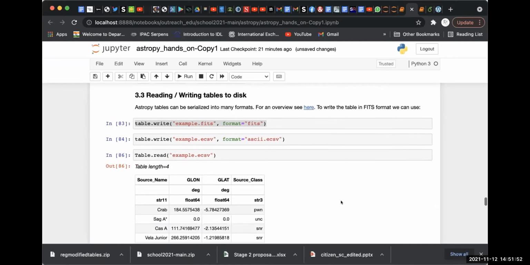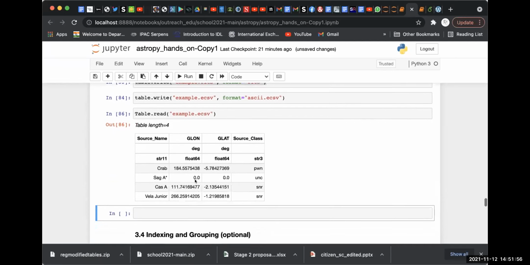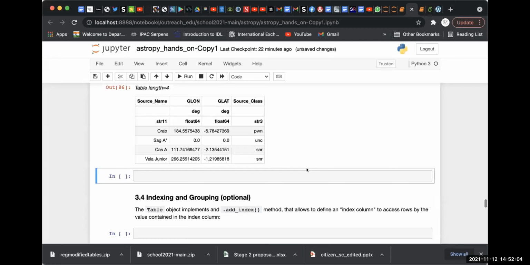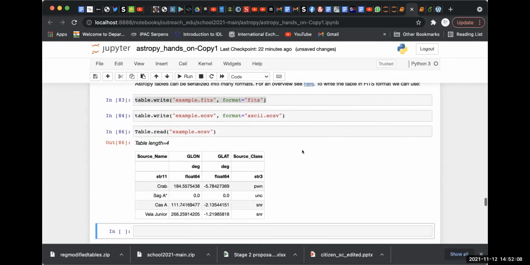Now you see that this is a normal CSV file. Other than that, it also has additional information about the material that is there. So it has what is called extended data about it. This is the eCSV format.